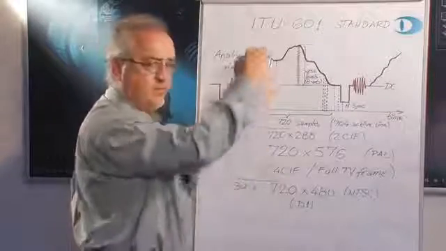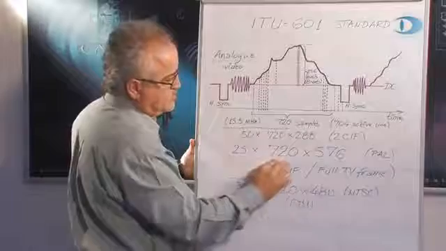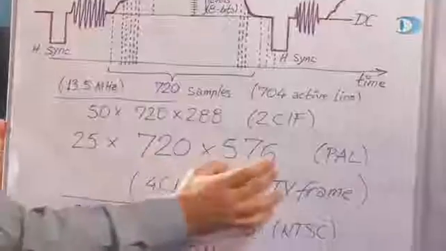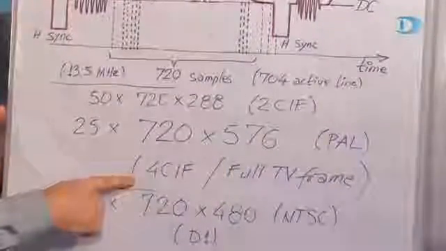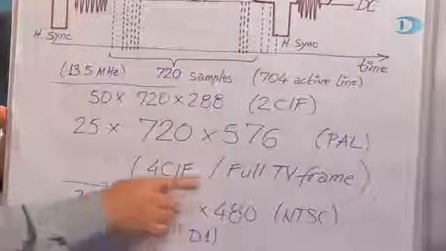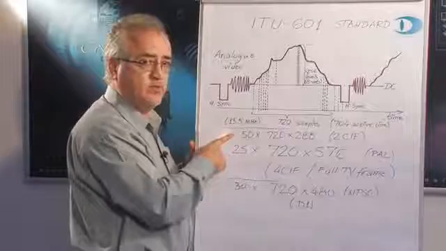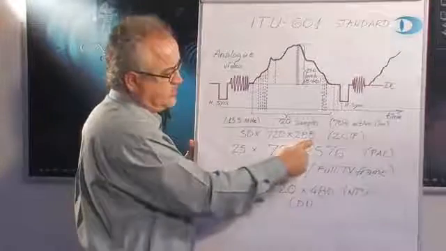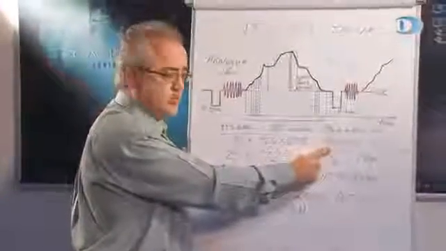And because we've got 576 lines in vertical direction, we get the so-called popular number of 720 by 576, very commonly referred to in CCTV as 4CIF, sometimes called also a full television frame. If we are referring to only fields, because there are 50 of them every second, we actually can talk about 720 by 288, which very commonly is also known as 2CIF.